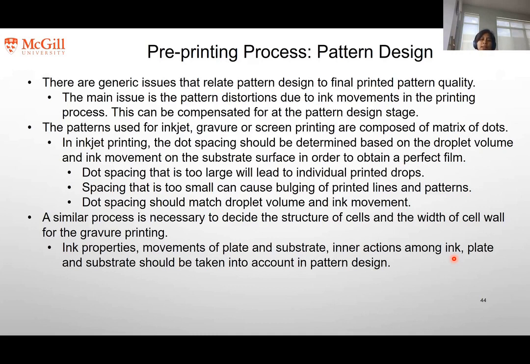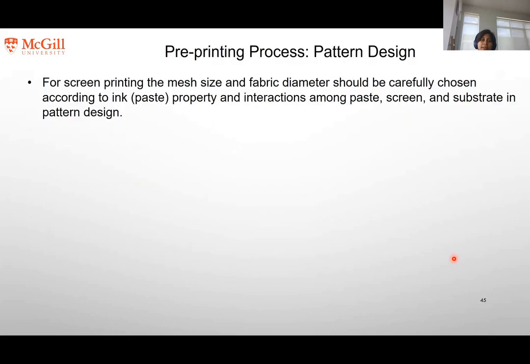Same thing for gravure printing: the gravure has cells patterned on the blade, and we need to decide on the cell size and the width properly so that we get a nice pattern. So it's important to choose this in the pattern design. Same thing for screen printing.